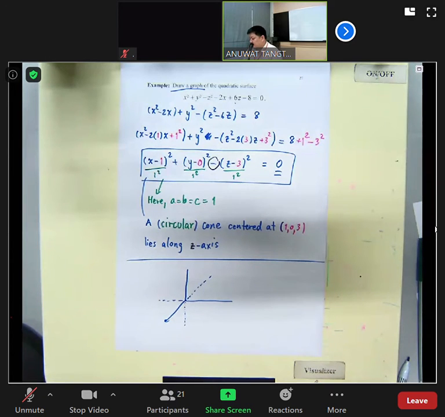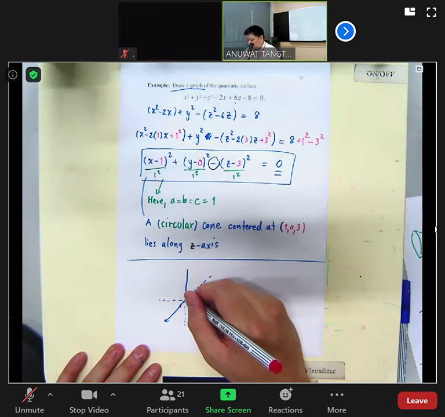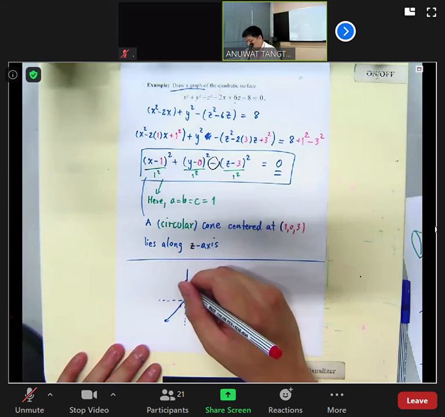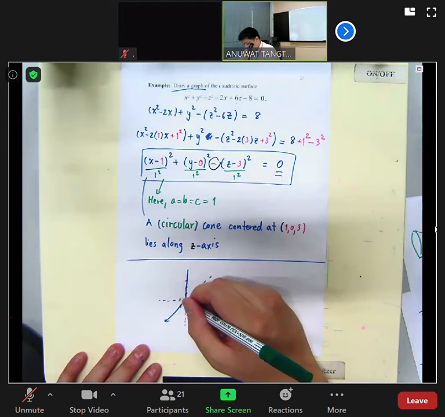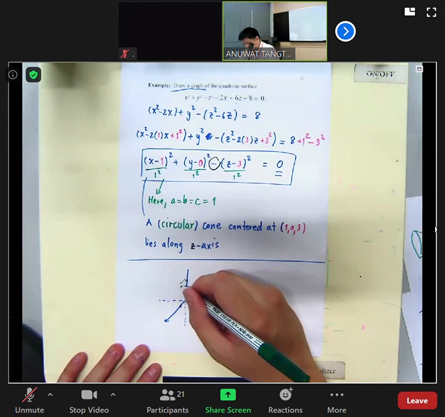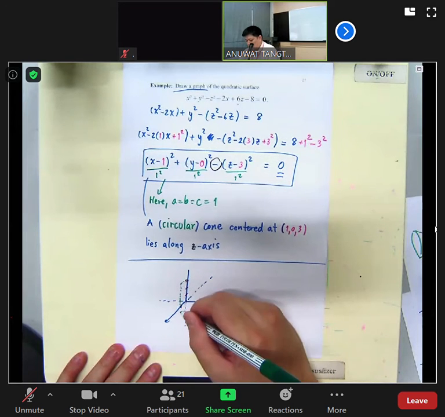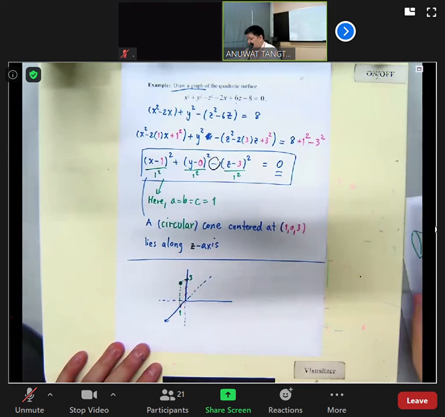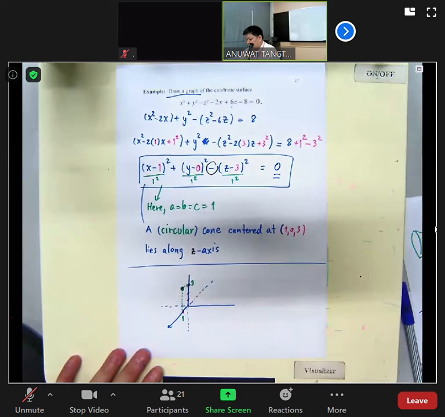The new center would be the point 1, 0, 3, x equal to 1, y equal to 0, and z equal to 3. So this becomes the point 1, 0, 3 on the XZ plane.